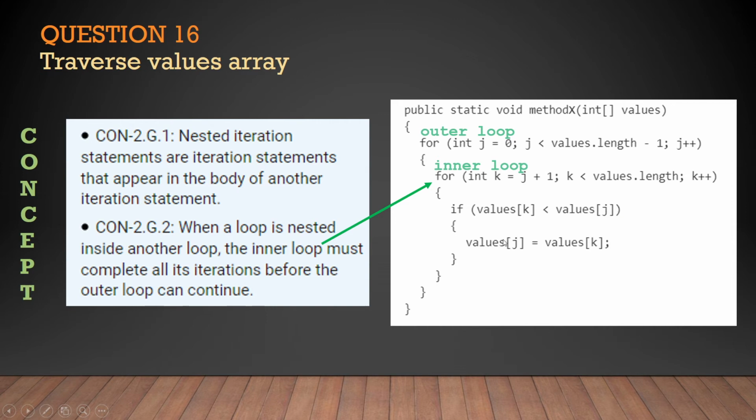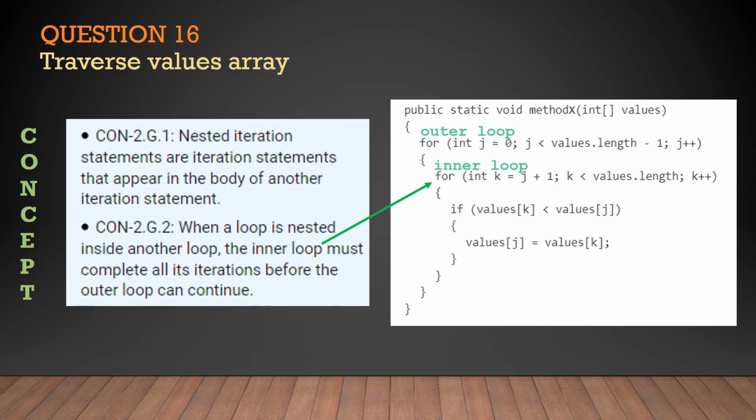If it is, it's going to update values j to be values k. So it's going to update all the subsequent values to the value of that number. So it's saying that if the number that was before is greater, update all the subsequent numbers. Okay?